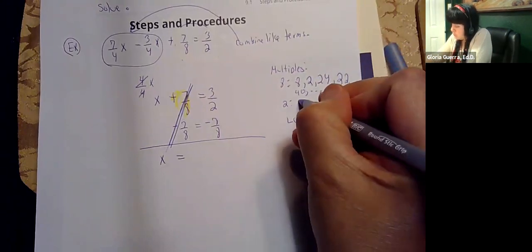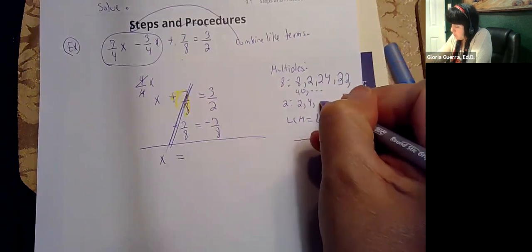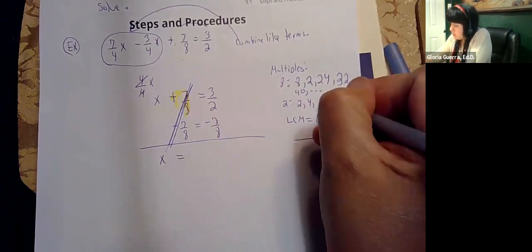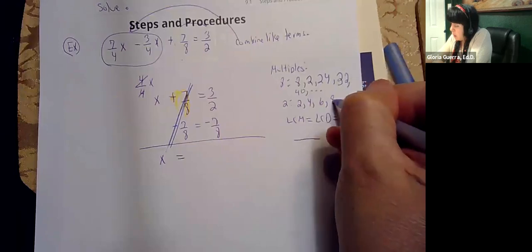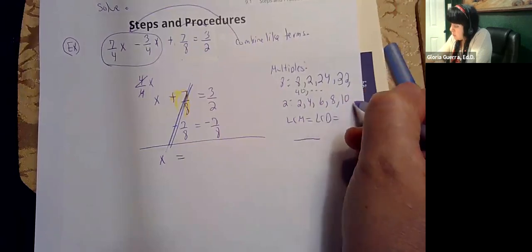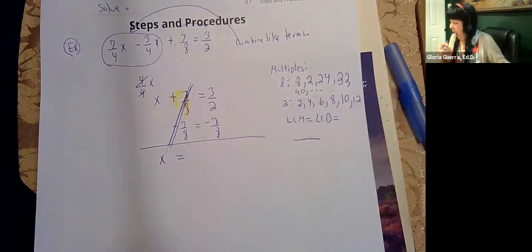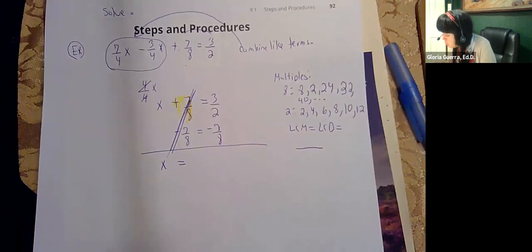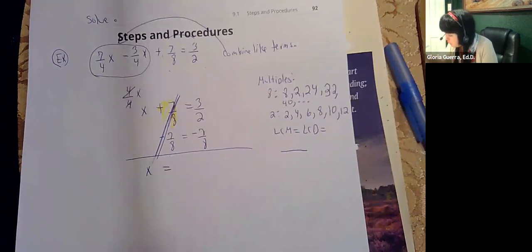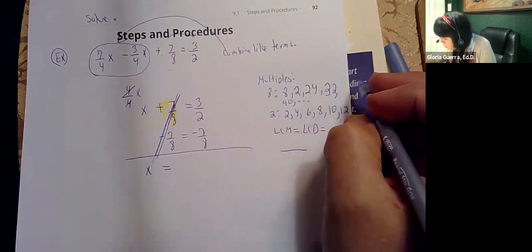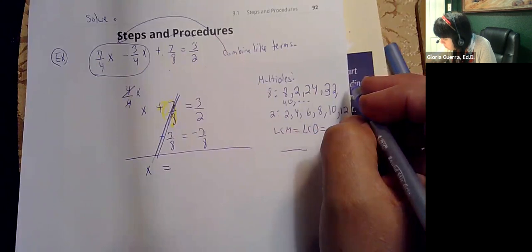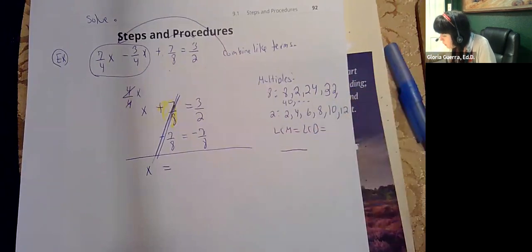2 times 1 is 2, 2 times 2 is 4, 2 times 3 is 6, 8, 10, 12. The first time you see a match should be at 8, right? Okay, I see.